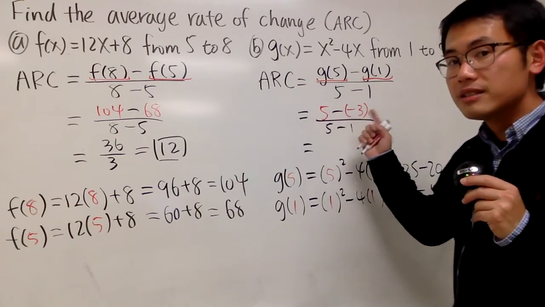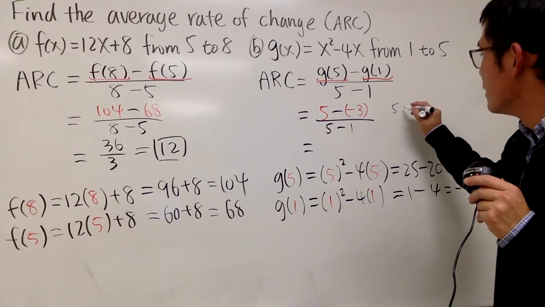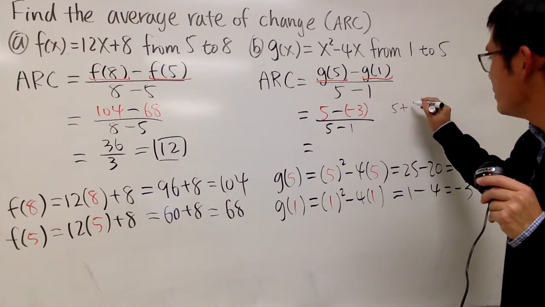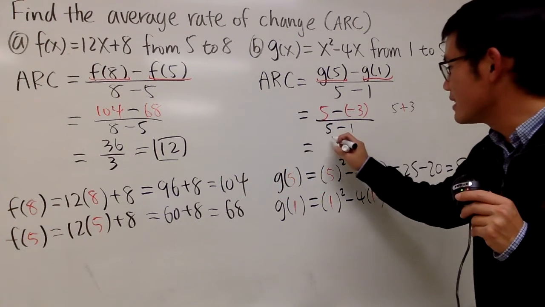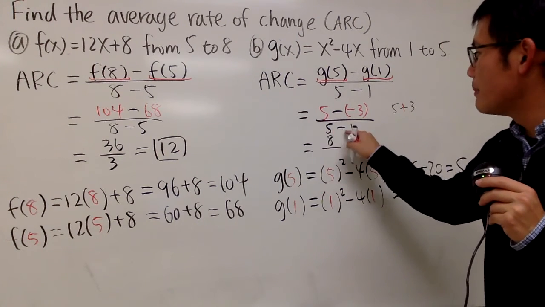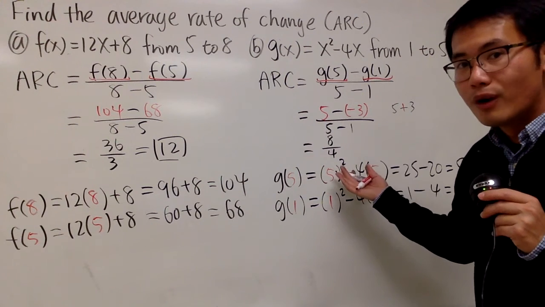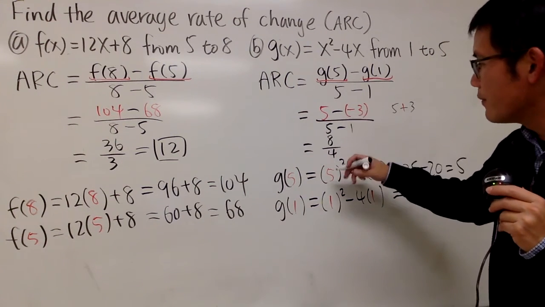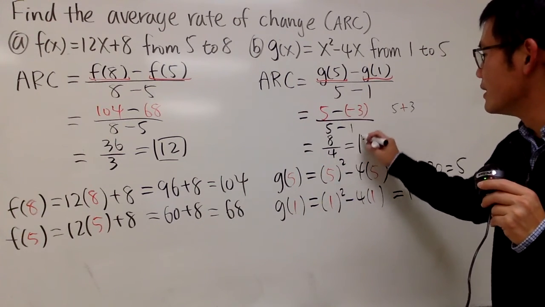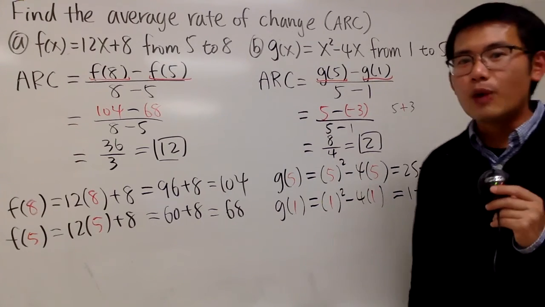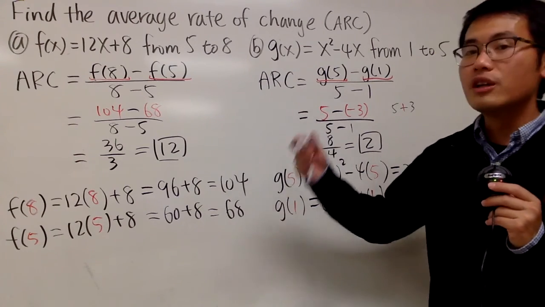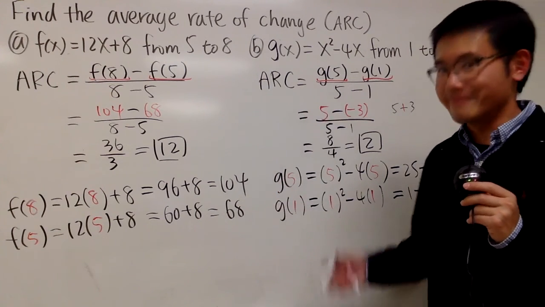So this right here is the same as saying 5 minus negative times negative becomes a plus. So we have to do 5 plus 3, and that will give us 8 over 5 minus 1, which is a 4. Divide 8 by 4, we end up with 2. So the final answer for this is 2, right? So this is how we find the average rate of change of a function from x value to another x value. That's it.